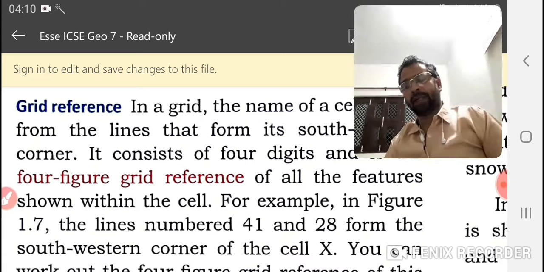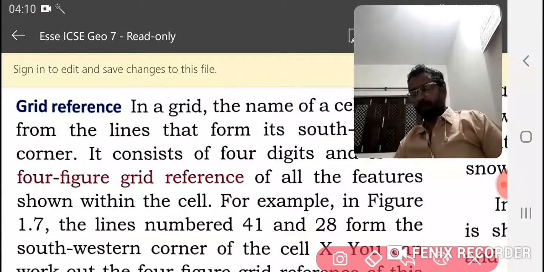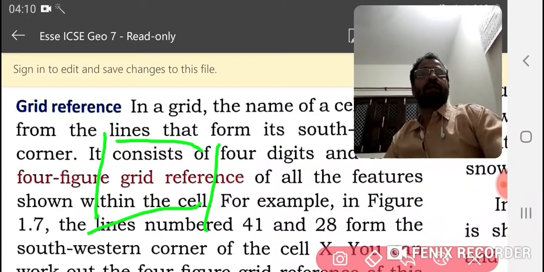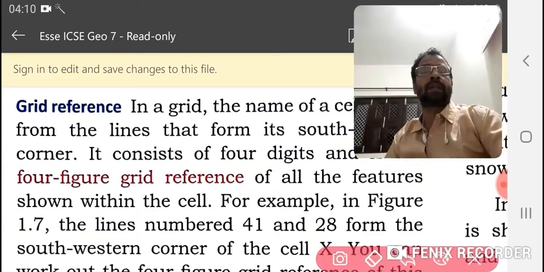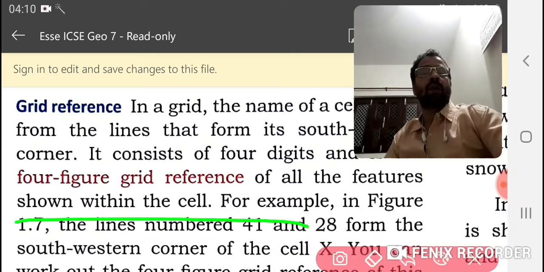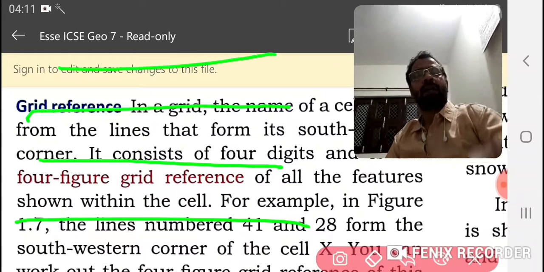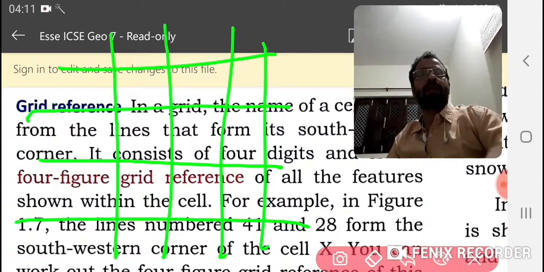So, in a grid, already I said to you what we mean by grid. Grid is the square. Let us see these northings and eastings once again. When they join, some squares form like this.